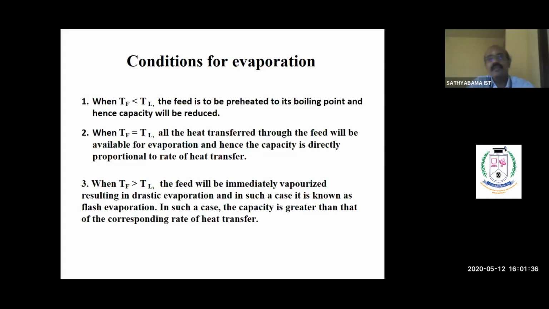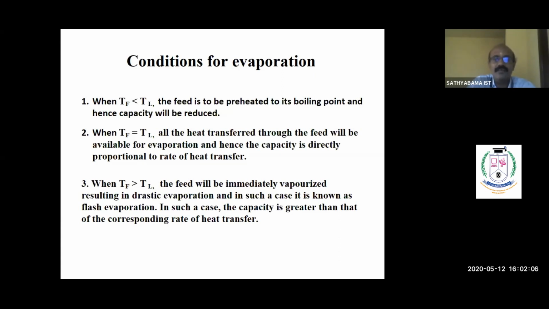So again, I repeat. Whenever TF is less than TL, the feed is preheated so that it can meet the boiling point of the solution, and then only the evaporation process will take place. In such a case, the rate of vaporization will be reduced, which is nothing but the capacity will obviously be reduced. Whenever TF is equal to TL, whenever the feed material is supplied at a temperature corresponding to the boiling point of the solution, obviously gradual evaporation will take place.